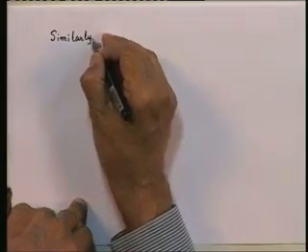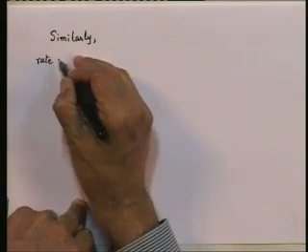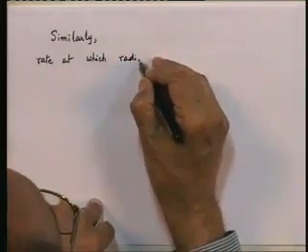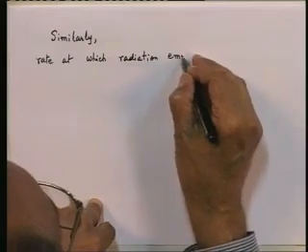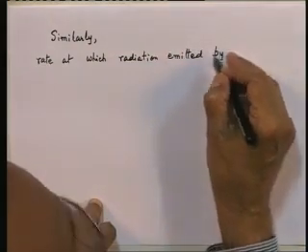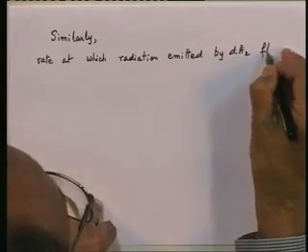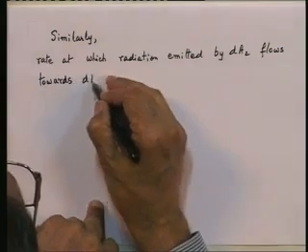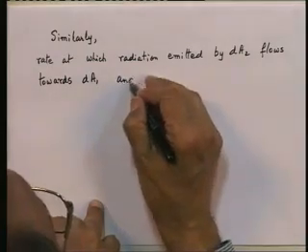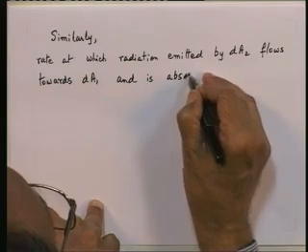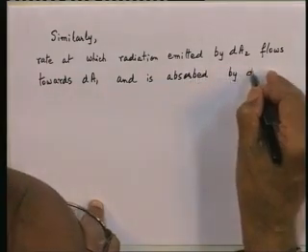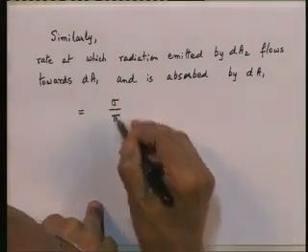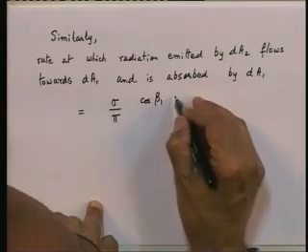Similarly, the rate at which radiation emitted by dA2 flows towards dA1 and is absorbed by dA1, because dA1 is black.